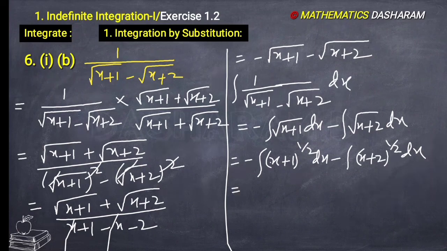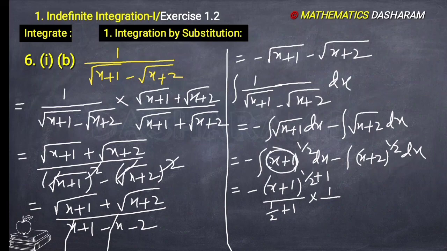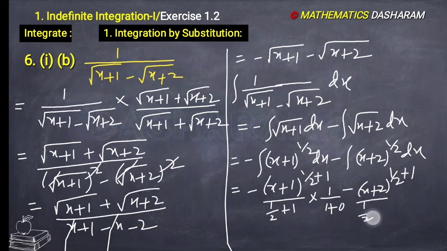Then the integration of (x+1)^(1/2) is (x+1)^(1/2+1) by (1/2+1), and divide with the derivative of x plus 1, that is 1 plus 0, minus here (x+2)^(1/2+1) by (1/2+1), and divide with the derivative of x plus 2, that is 1 plus 0, and add one constant c.